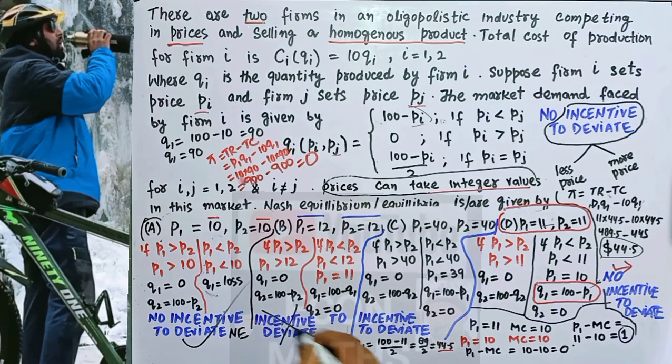Incentive to deviate means we don't have Nash equilibrium. Here we have incentive to deviate, and here we have no incentive to deviate. So we got two Nash equilibria here. When both the firms are charging a price equal to $10, and when both the firms are charging a price equal to $11, these two are our Nash equilibria given this Bertrand competition.